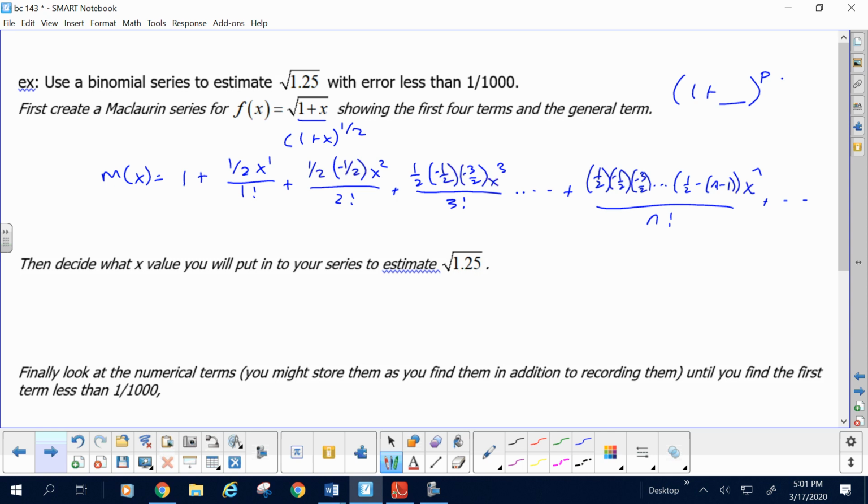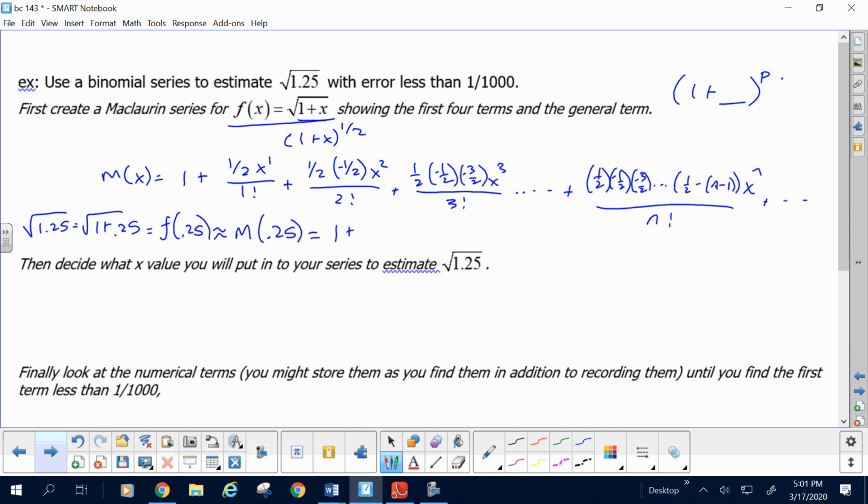You dig? So then, what about the square root of 1.25? Well, the square root of 1.25 is like 1 plus 0.25, which, if that's the function with 0.25 in it, then I can model that with the Maclaurin with 0.25 in it, which would mean putting 0.25 in for every x.